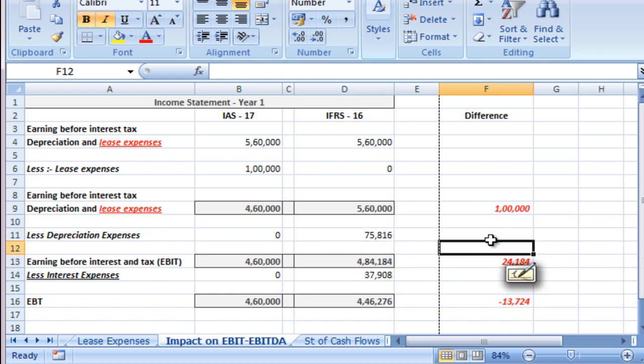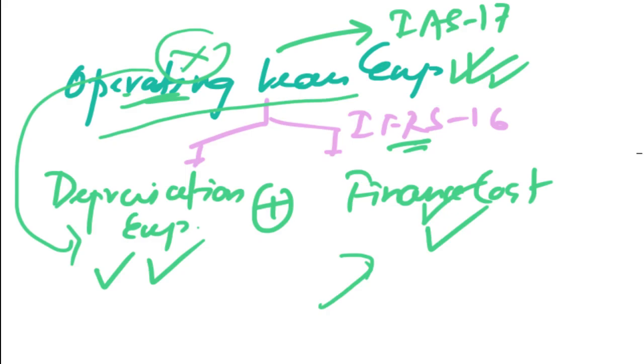I have just said lease expenses will always be more than the depreciation, because lease expenses comprise depreciation and finance cost. So operating lease will always be higher than depreciation and your finance costs individually, and in totality they are approximately the same in the long run.